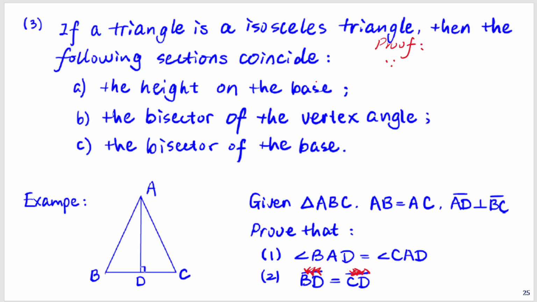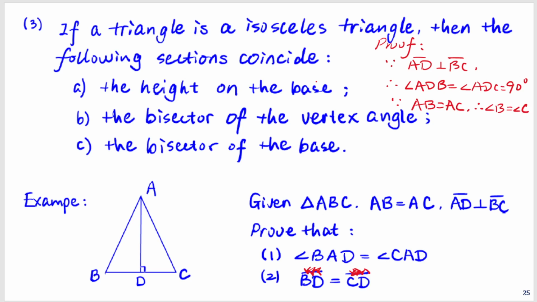First of all, because AD is perpendicular to BC, we have angle ADB equals angle ADC, which is 90 degrees, right? Because AB equals AC, therefore angle B equals angle C, right? This is according to property 2, second property, right?